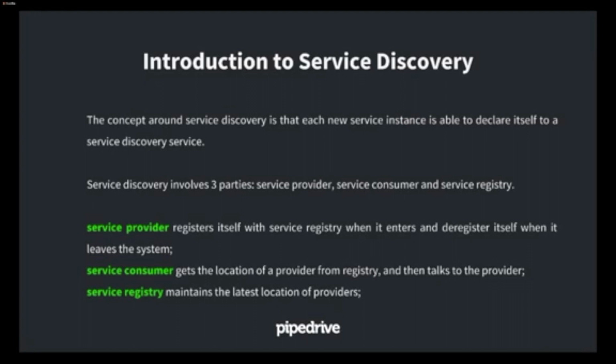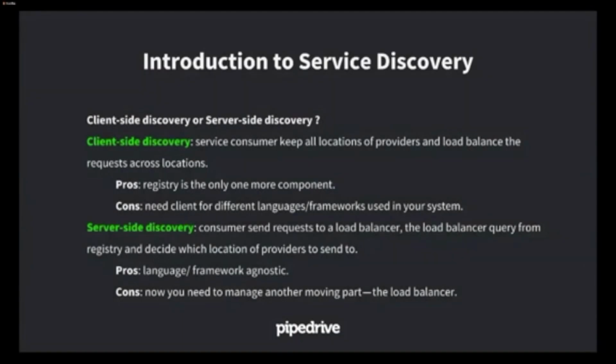Putting all this together, there are two ways of using that information. The one we are going to talk about today is server-side discovery. Basically, we have a server that is updated by the service registry with all the instances of the APIs it needs, and updates itself.